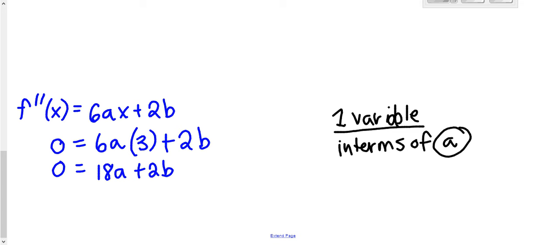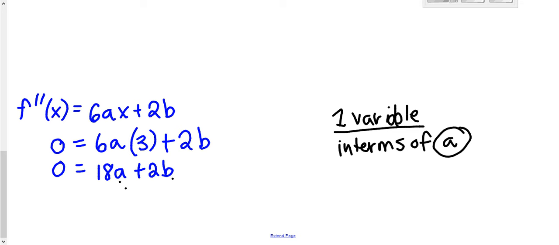So I need b equals something with a in it, c equals something with a in it, and d equals something with only a in it. Then I can solve an equation with only a, and then use a to find everything else.